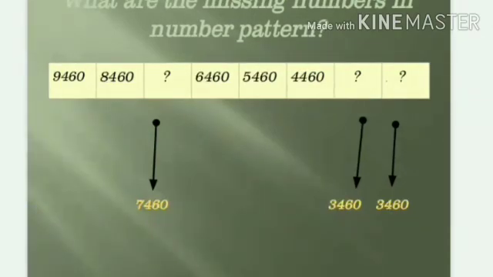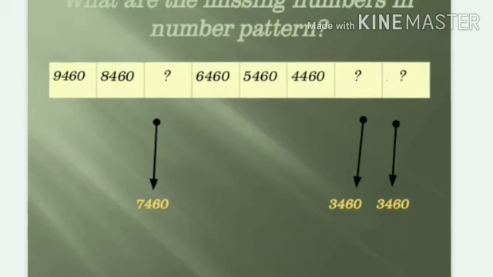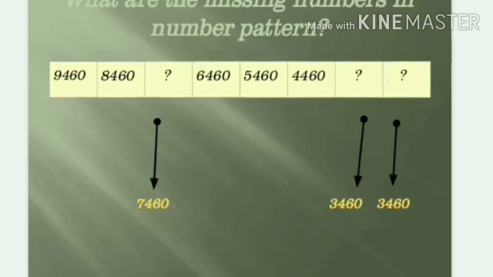In this slide again you have to find the missing number in the number pattern. The first number is 9460 and 8460 is the second number. Look at the difference between two consecutive numbers. Here the difference is 1000. So the numbers are arranged in descending order, which means you have to subtract 1000 between the numbers.